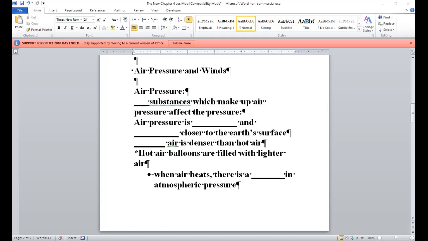In figure 4.15 over on page 84, you have your Coriolis effect, right? Coriolis effect causes winds to veer away from a straight path. In fact, your author, if I remember correctly, has something good to say about the Coriolis effect.